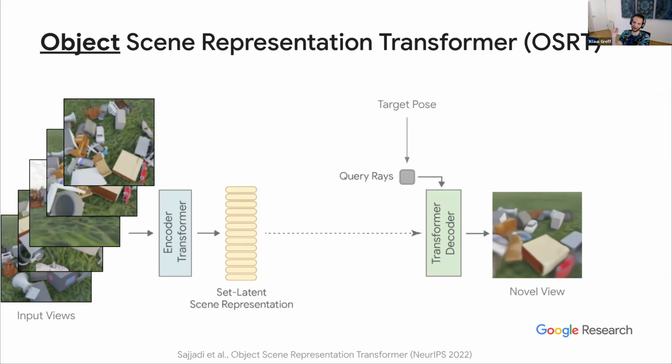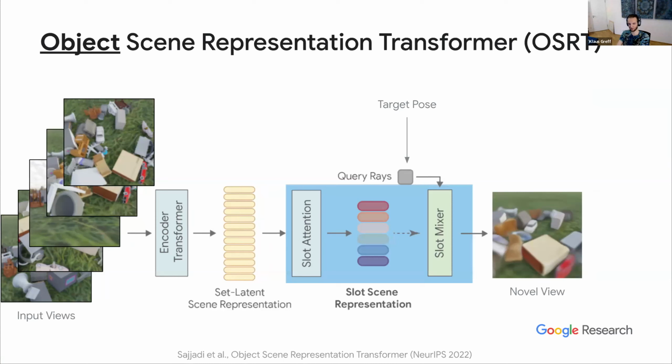Okay, so far I've talked a lot about 3D scene representations, but where are the objects? This is the next thing. To integrate objects into this, we tried the simplest thing that we could think of, which was to just take slot attention that Thomas has explained in detail before.